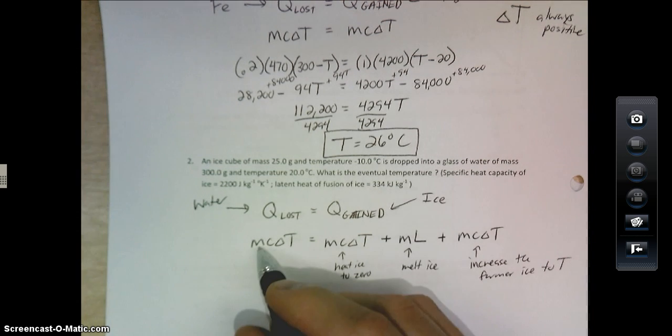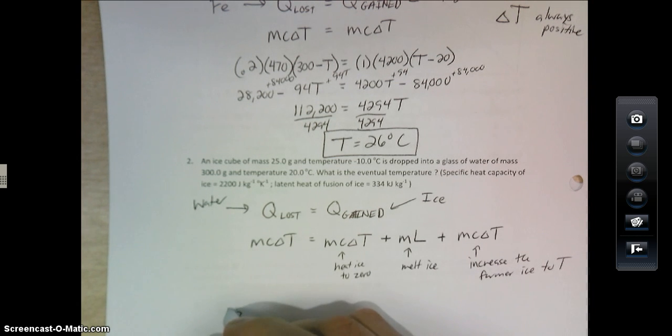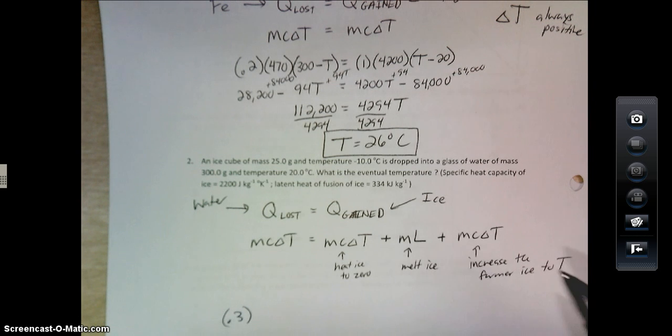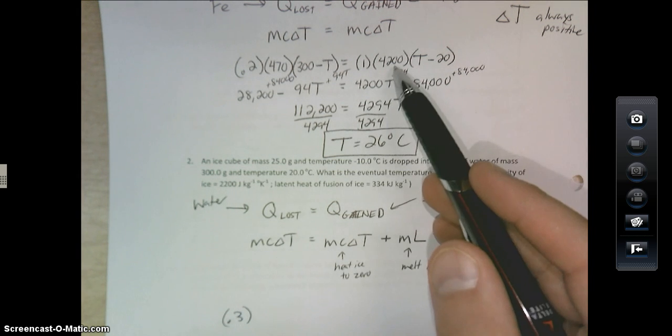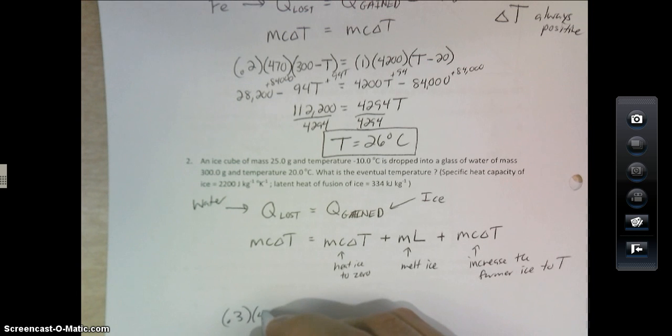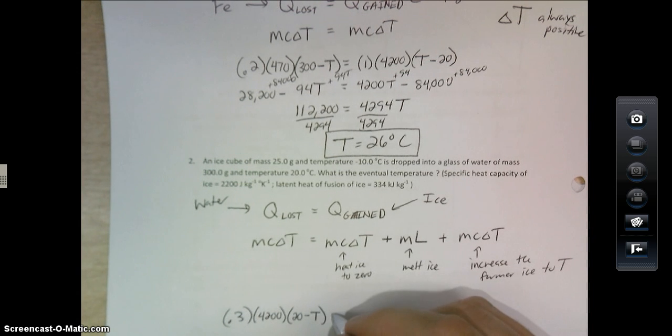The mass of the water was 0.3. The specific heat of the water I'm going to take from the previous problem, which was 4,200. And its change in temperature is going to be 20 minus some value. It's going to get smaller.